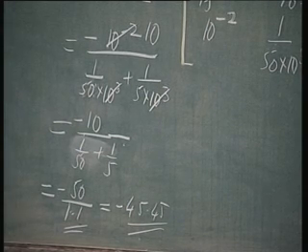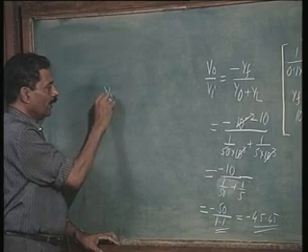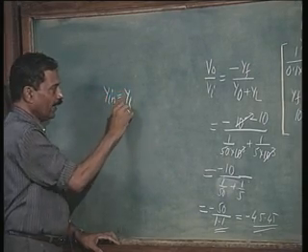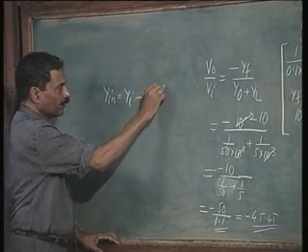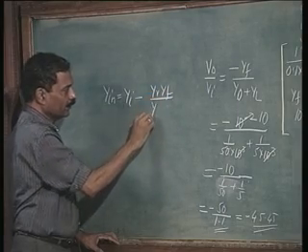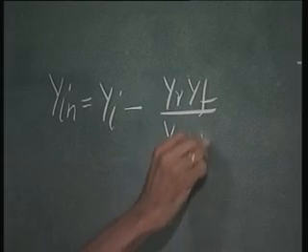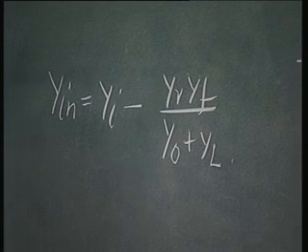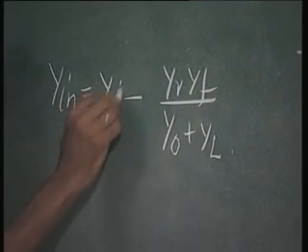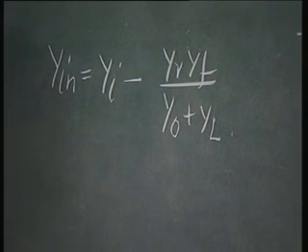Next, Yin is going to be Yi minus YR YF divided by Y0 plus YL. This factor we have already evaluated as minus 45.45.